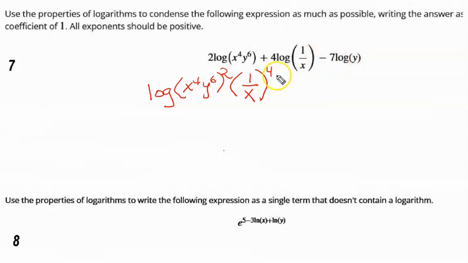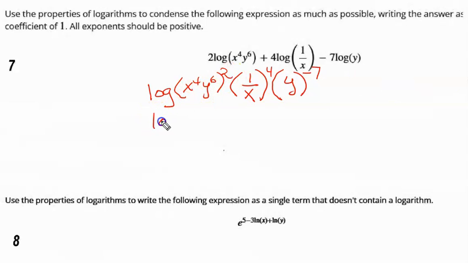And here, this is times this, but I can put it as y to the negative 7 power. Keep in mind that that would bring it down to the denominator. And let's simplify this. Again, there's a couple of ways to do this. And I want to expand this.